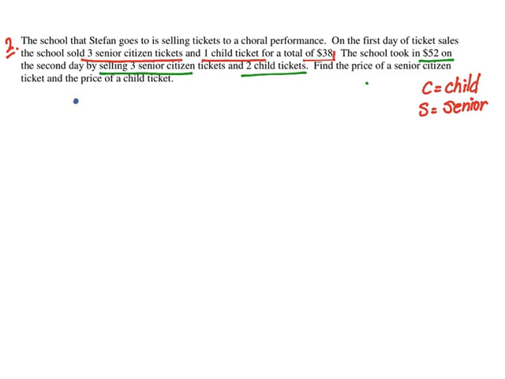So let us go ahead and have our first equation: 3 senior citizen tickets plus 1 child ticket, total is $38. And then the second equation in green is 52, the total, $52, for selling 3 senior citizen plus 2 child tickets.